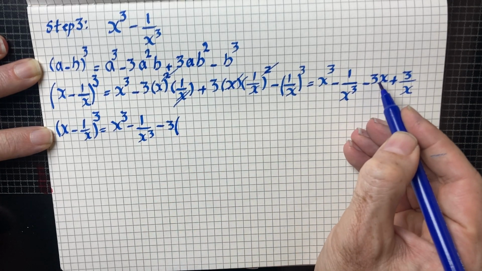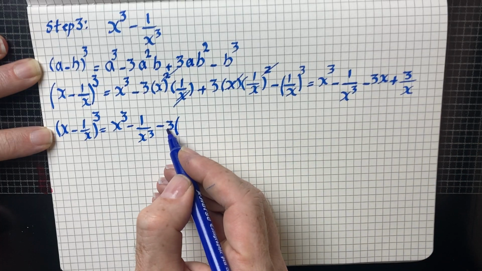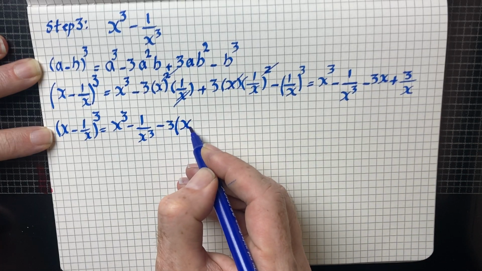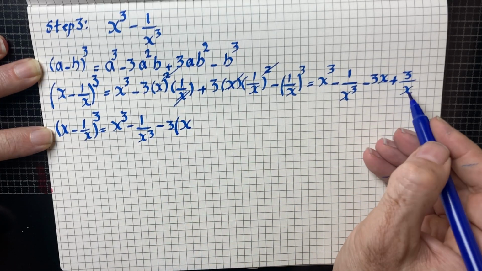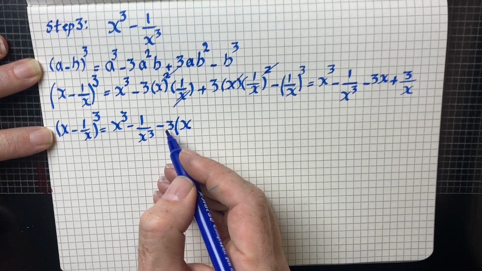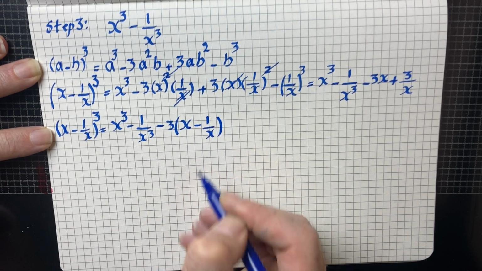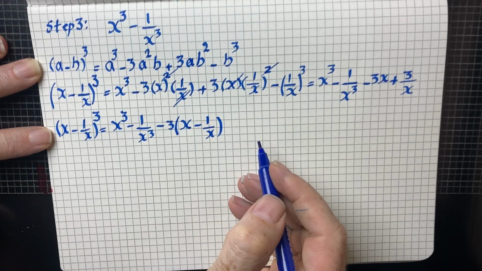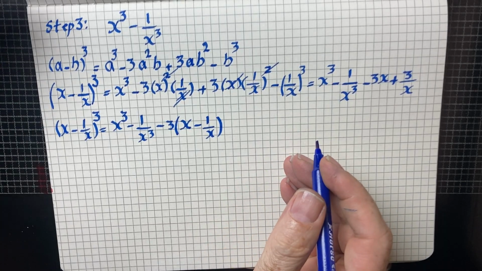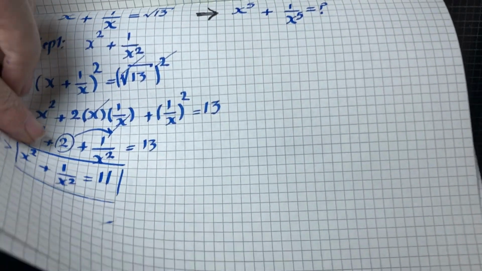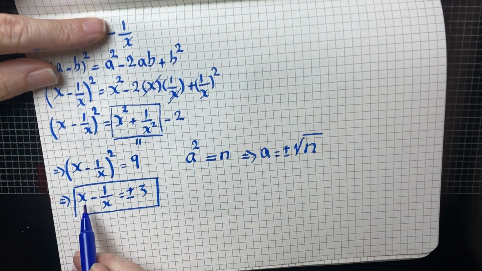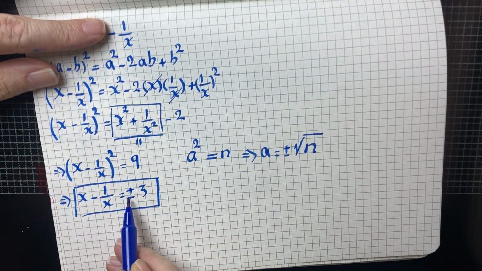So negative 3x divided by negative 3 is going to be x. Positive 3 over x divided by negative 3 is going to be negative 1 over x.